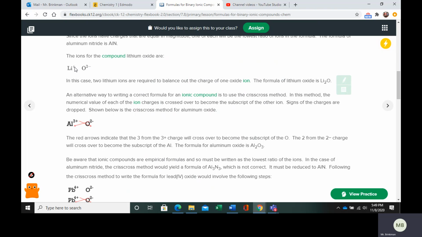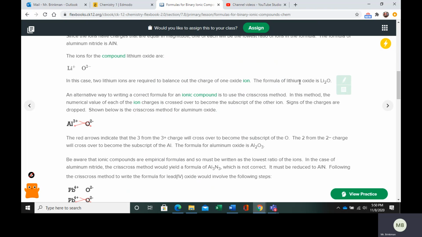So 1 minus 2 is going to give you -1. We are going to need 2 lithiums to balance out this -2 charge. Each lithium has a +1 charge, so if we have 2 of them, we have 1 plus 1, which is 2, and then -2, which gives our overall charge of 0.